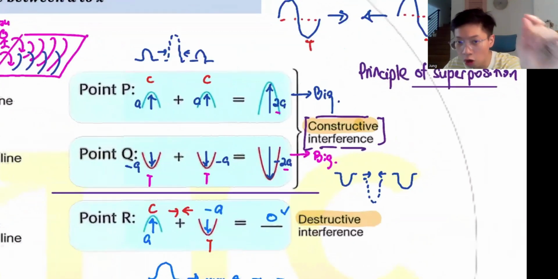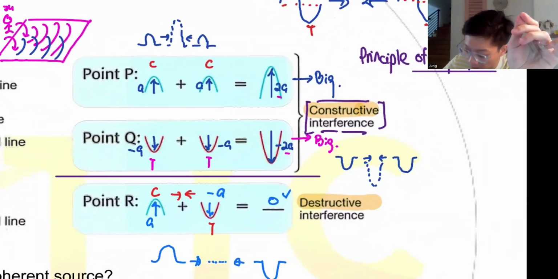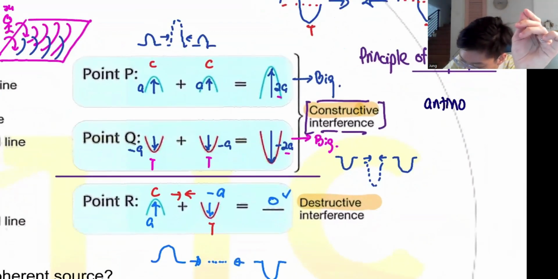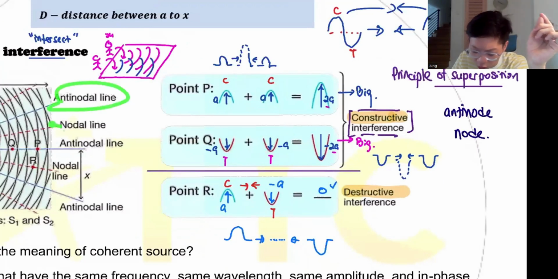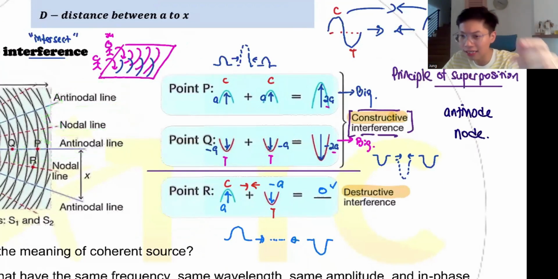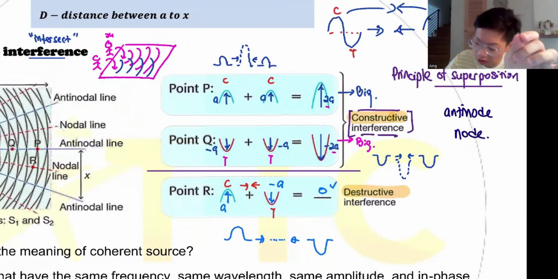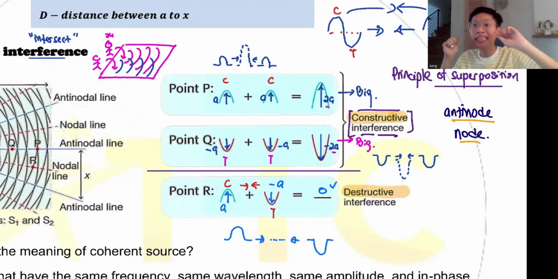Here there is a common mistake. People tend to forget there is another term called antinode and node. See here, they tell you antinodal line, nodal line. What are antinode and node? First of all, antinode and node are both names for the points of your interference.